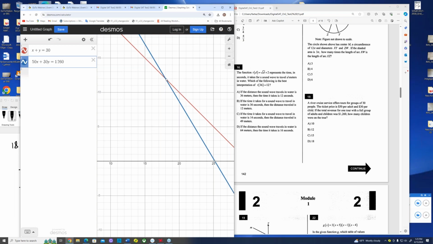So if I use y, it's about 18, 12. For children, I use y, and y equals 12. And x for adult equals 18. So the answer is B.